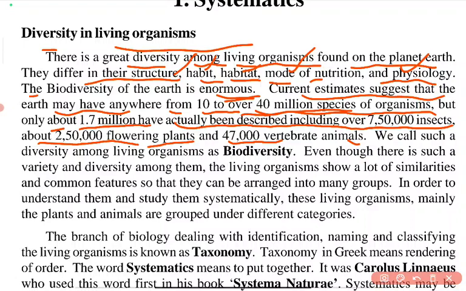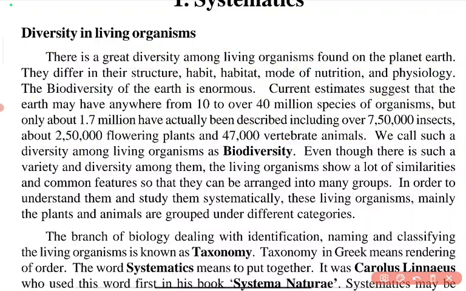Friends, I already told you there are approximately 10 to 40 million species found on Earth, but how many of them are classified? About 1.7 million organisms have actually been described or classified.